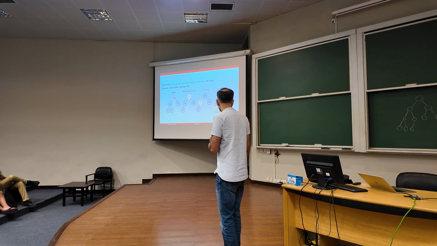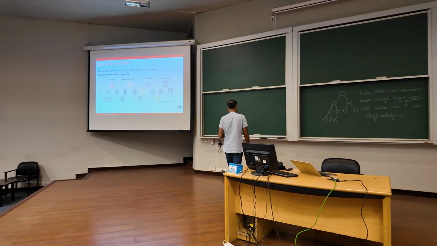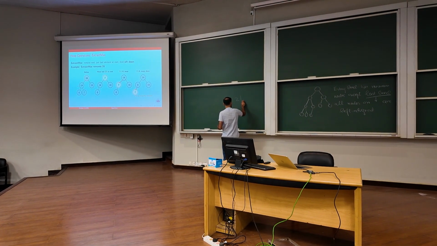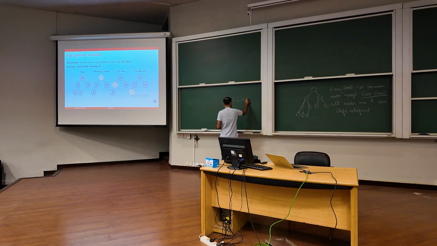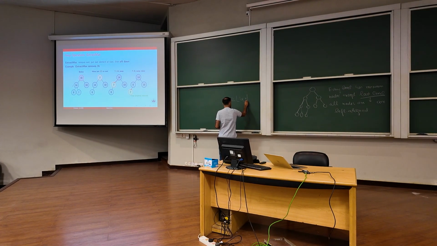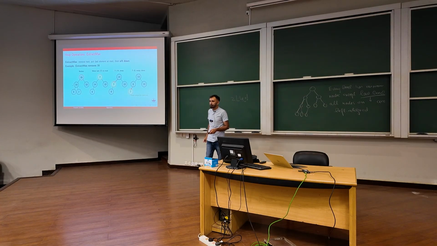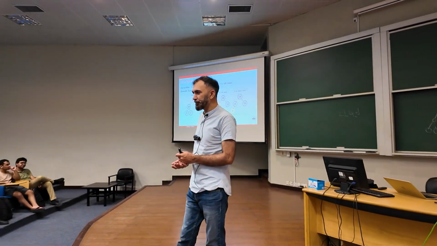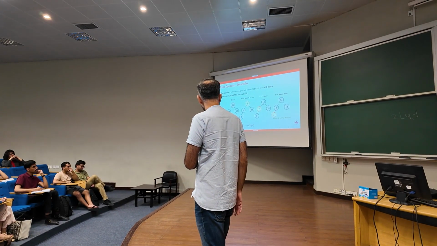Yes, so the number of comparisons is, if you must, 2 times log n. But it's still asymptotically log n, so we are okay. Swapping is, yeah, the number of swaps is log n.